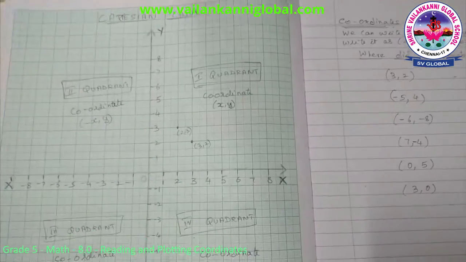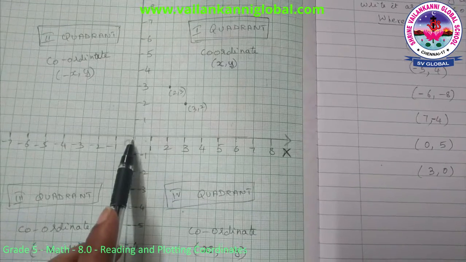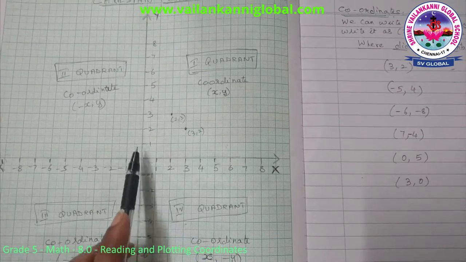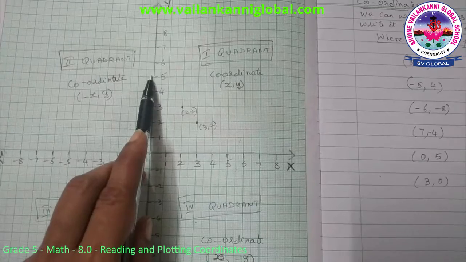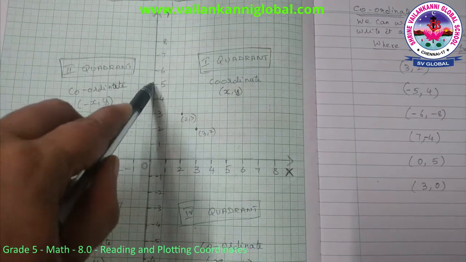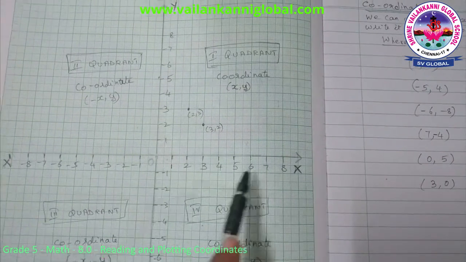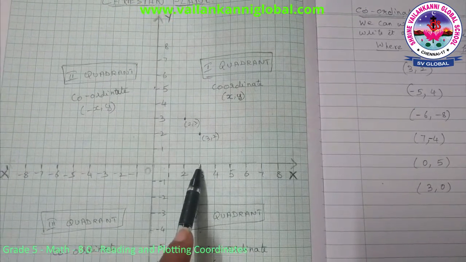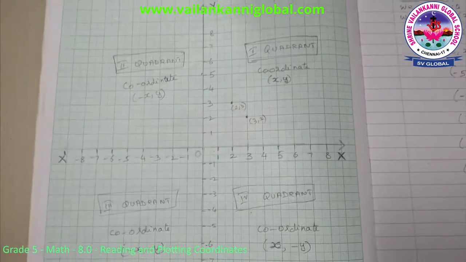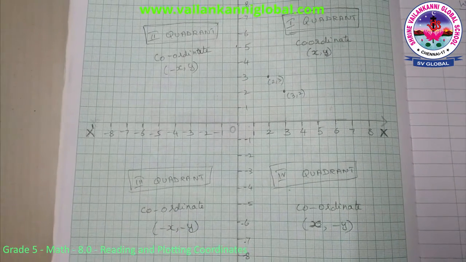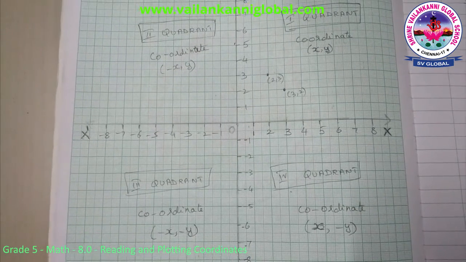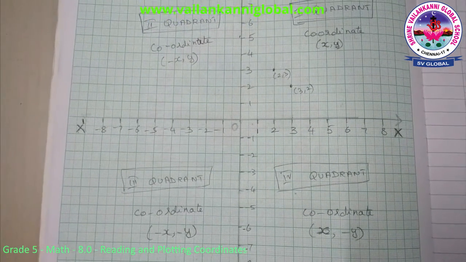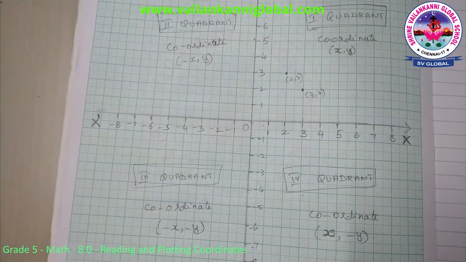If x is 0, then the y is 5, so it lies on the y-axis. Then 3, 0: it lies here, on the x-axis. So all the points lie in one of the quadrants or on the axis. Thank you.